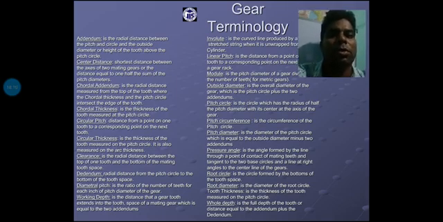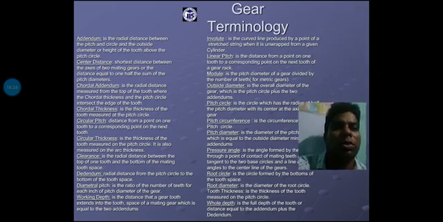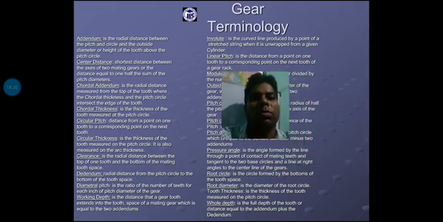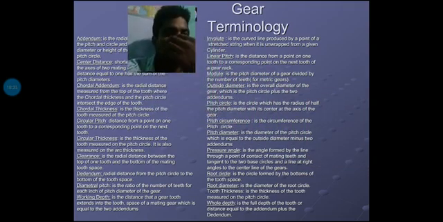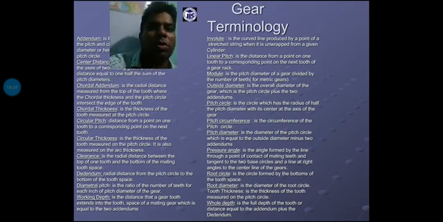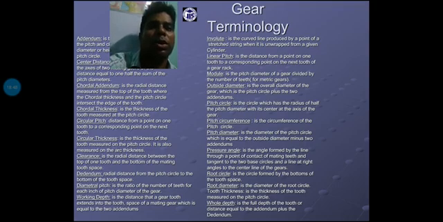Now the next point is involute. What is involute? Involute is the curve that is produced by a point on a taut string when it is unwrapped from a given cylinder. That is known as the involute tooth profile.